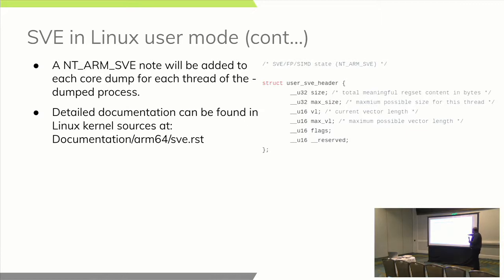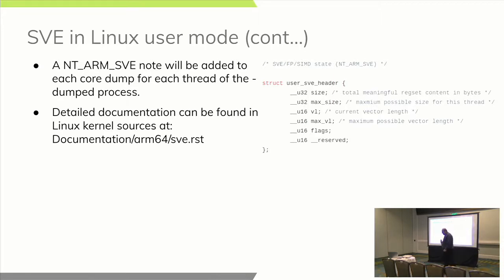There can be a set of V registers that follow, or a set of Z registers followed by P registers, FPSR and FFR. So we need to figure out which register set data this is, and that is configured in the flags field of this structure.